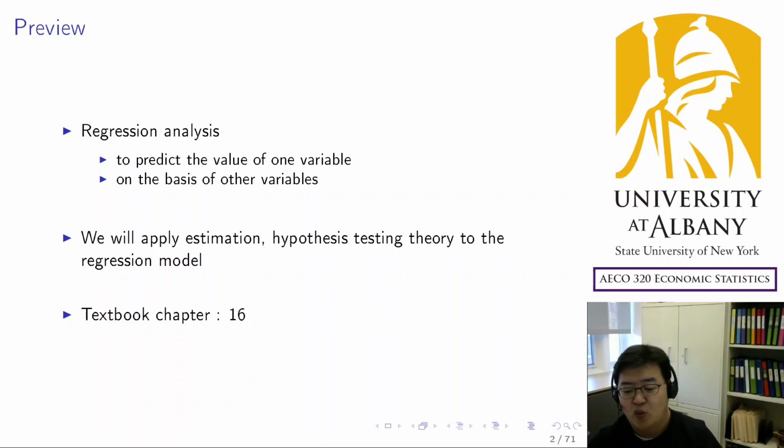So remember, we started from the basic concepts of probability, mean, variance, standard deviation, and then we learned the normal distribution, sampling distribution, the central limit theorem, and then we applied the central limit theorem and normal distribution theory to estimation, like point estimation, confidence intervals, and then hypothesis testing, calculating the p-value, the t-statistic, the critical values, right?